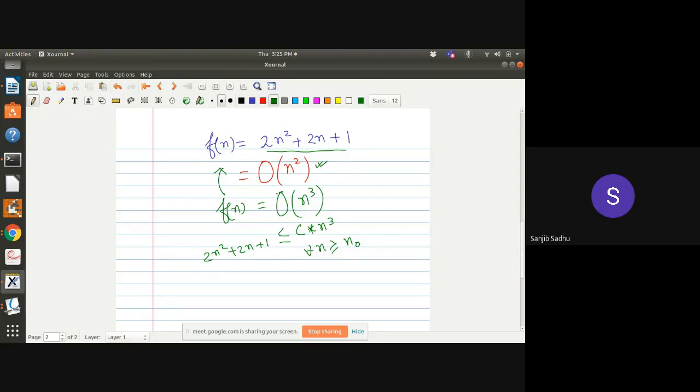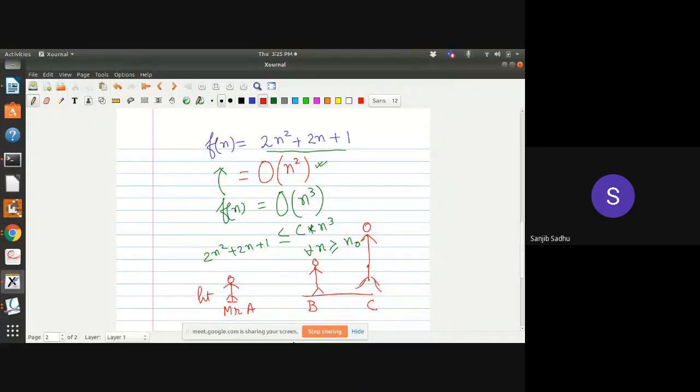Clear? For example, suppose you are Mr. A, and I am asking Mr. A, what is your height? He is not stating his height, but suppose that B and C are there.